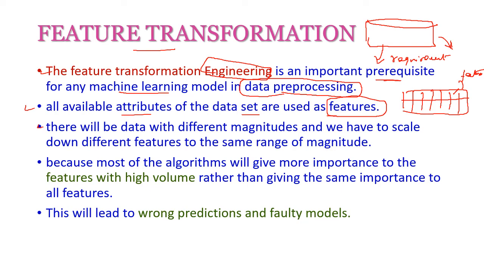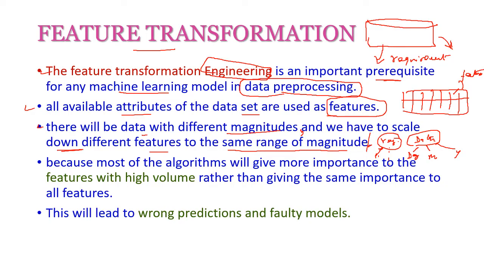There will be data with different magnitudes, and we have to scale down different features to the same range of magnitude. For example, register number has a list of register numbers for students, but when it comes to date, we have three different pieces of information: day, month and year. So here only one data item is there, but for date, three different data items are there.